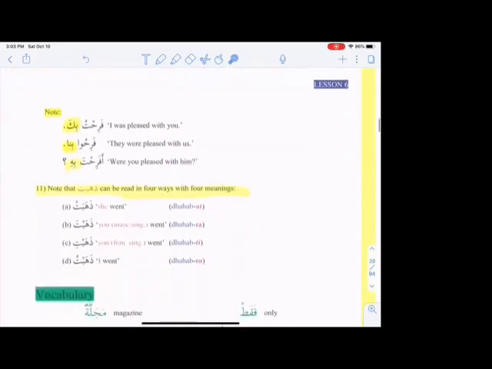Now, note that zahab, here there's no vowel sign, can be read in 4 ways with 4 meanings. Of course we know it, my brothers and sisters. See, zahab, she. Zahabta is you. Zahabti is you feminine. Zahabtu is I. Again I say zahab, I say zahabat.